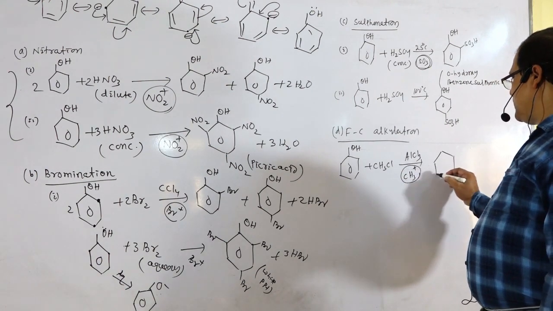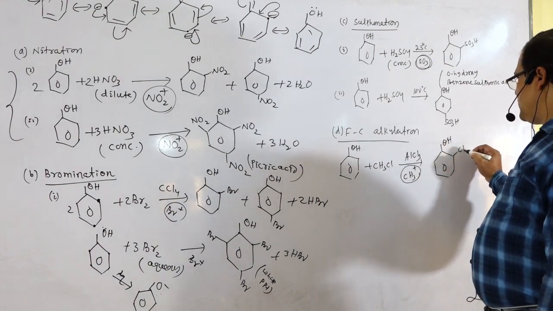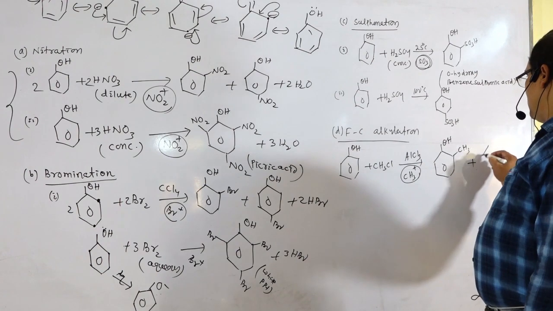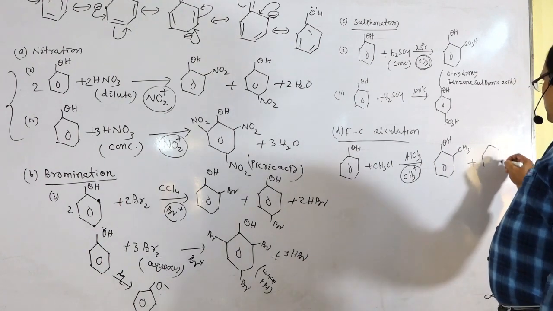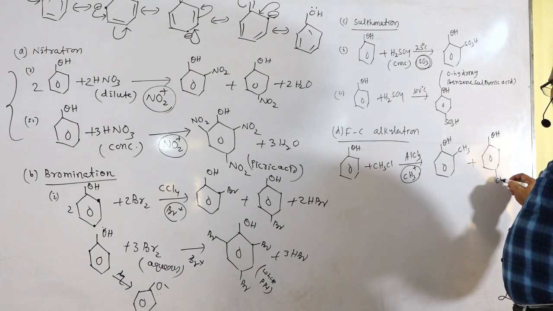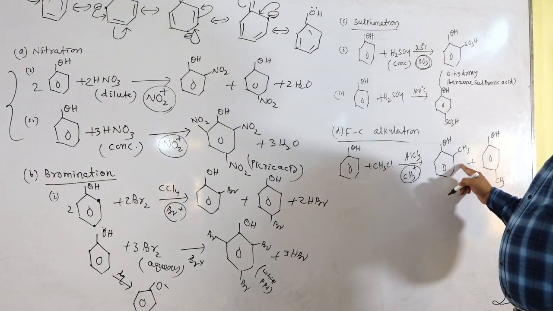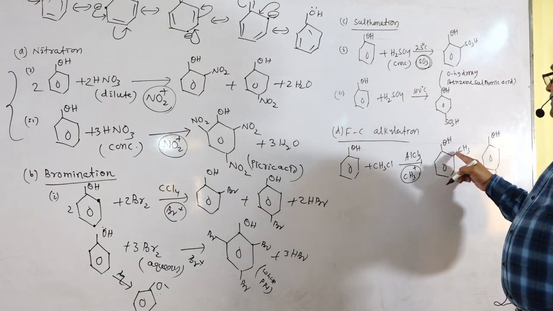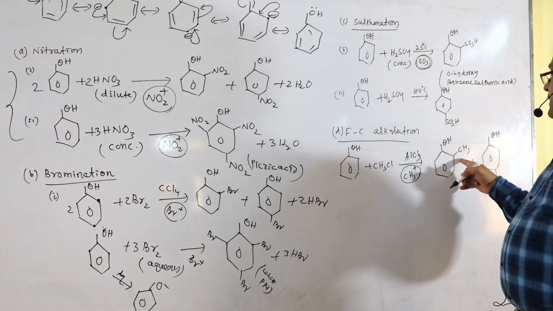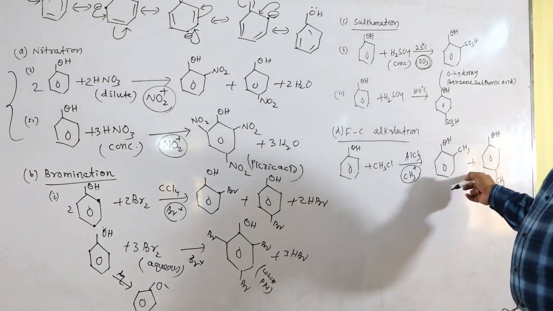So there is the formation of a product with OH group and CH3 at the ortho position, and another with OH group and CH3 group at the para position. These are o-cresol and p-cresol, a mixture of ortho-cresol and para-cresol.